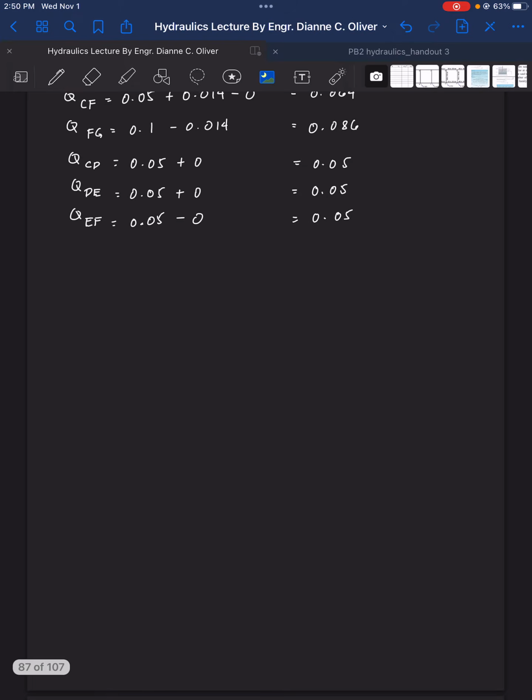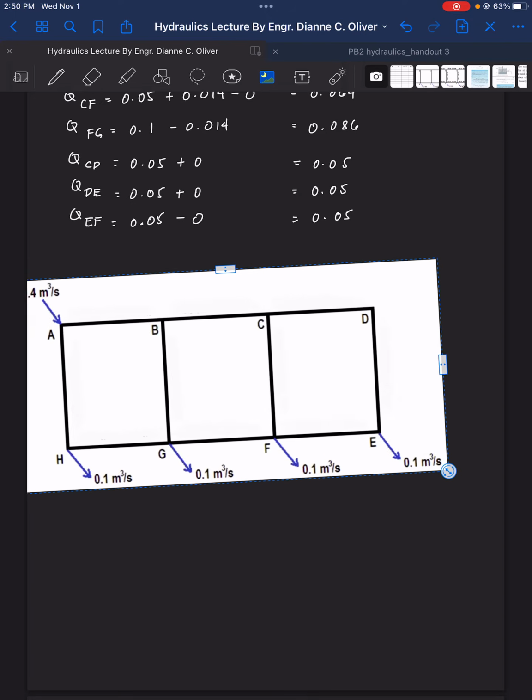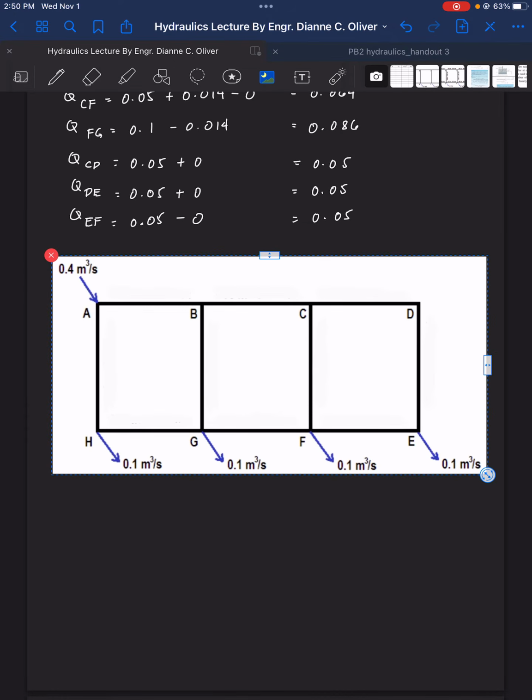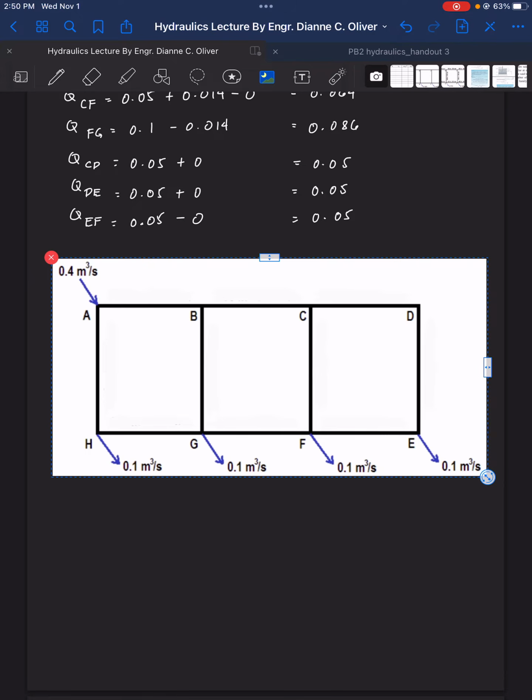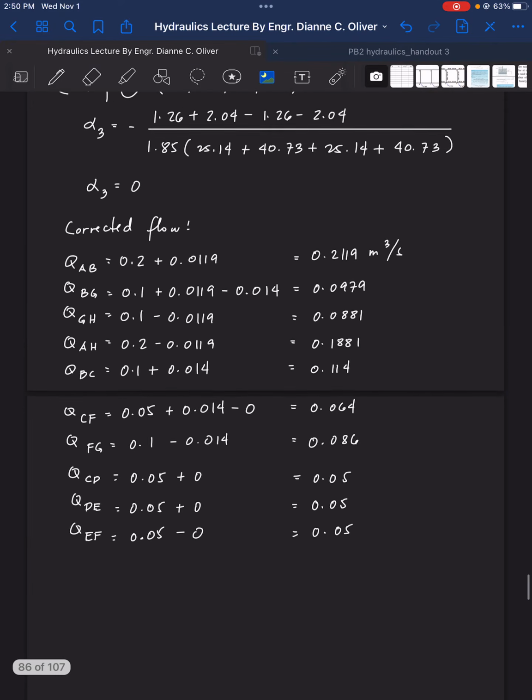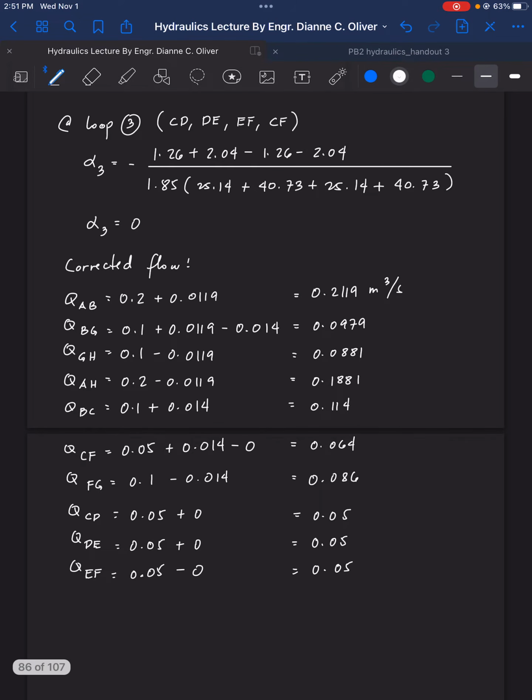So we can put it in here, or if it is done, we can write all of these values here in our table.